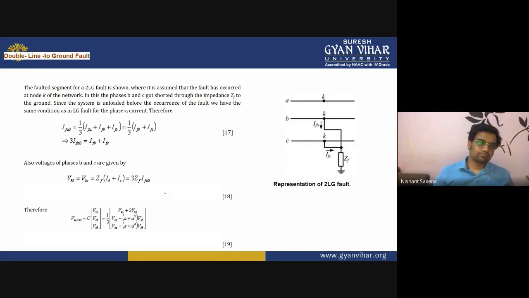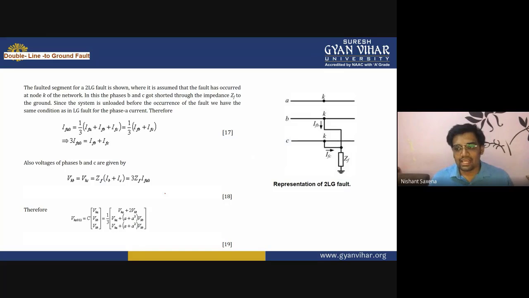Let's move further. Now the next is the double line to ground fault. In the double line to ground fault, it is quite similar to a combination of the line-to-line fault and the single line to ground fault. Basically, the faulted segment shown in this diagram is a three-phase system. A, B, C are the three phases.